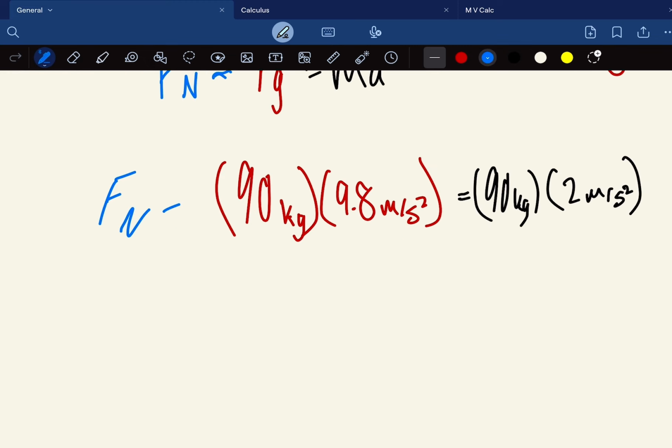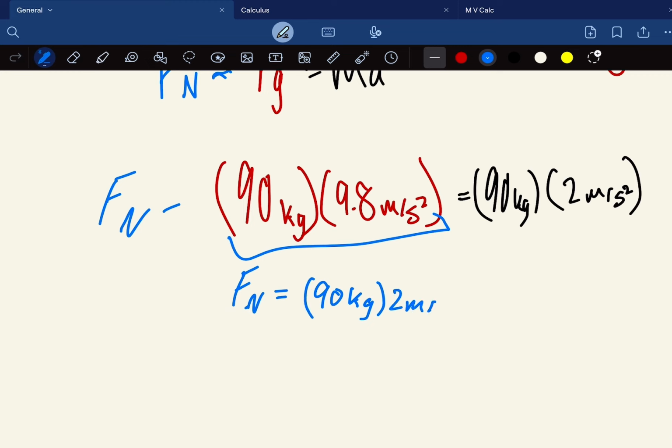So since we are trying to solve for Fn, we are going to add this term to both sides, and we get Fn is equal to 90 kilograms times 2 meters per second squared plus 90 kilograms times 9.8 meters per second squared.